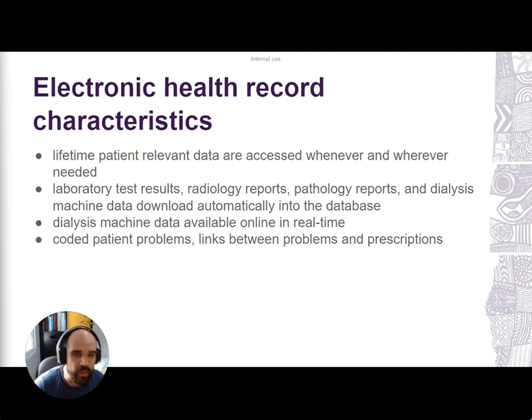Okay. So the electronic health record had many interesting characteristics, including lifetime patient relevant data, which was easily available, laboratory results, dialysis data, and other relevant reports available and automatically downloaded into the database, real-time dialysis machine data, coded patient problems, links between problems and prescriptions.